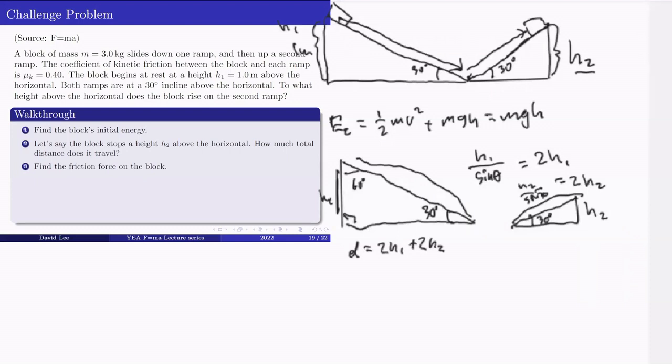So just find the force of friction on the block in terms of m, g, mu, whatever you need. And I'll give you a few more minutes for this one as well.